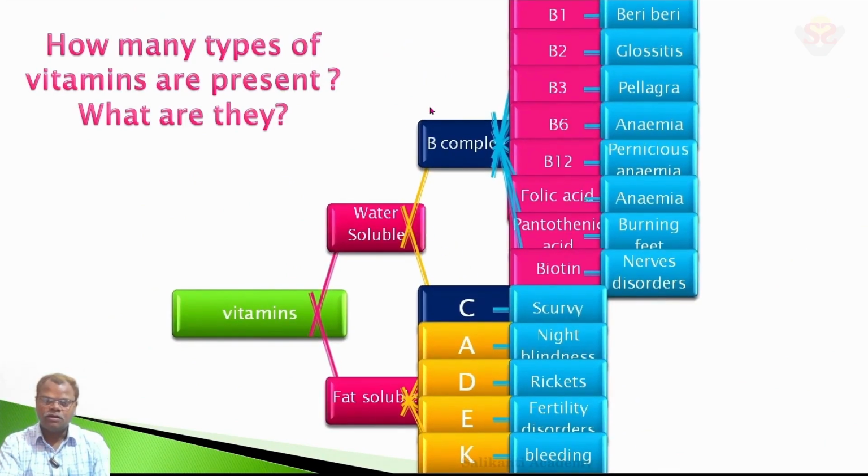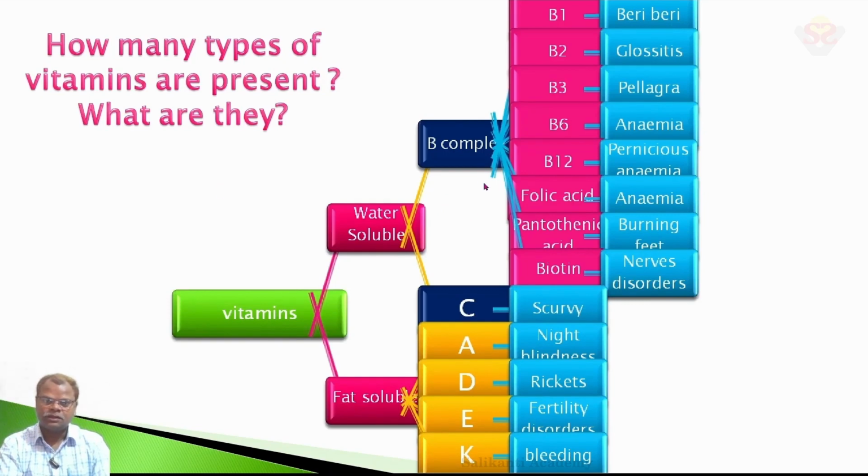Students, all these vitamins, water soluble and fat soluble, B complex, vitamin C, A, D, E, K, and their chemical names, their sources, and which diseases their lack causes. You have understood well.